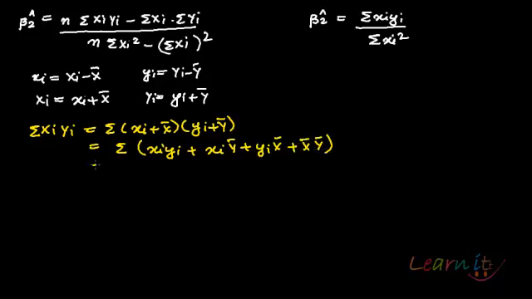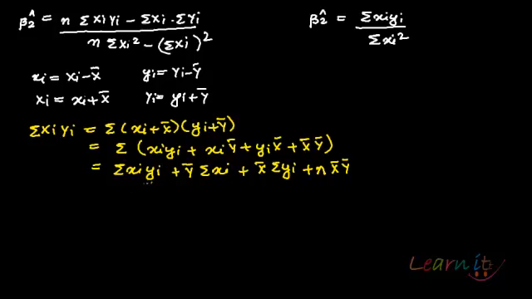Clear? Fine. Simplifying it, summation of xiyi plus Y bar is a constant, will come outside into summation xi, plus X bar being a constant will come outside into summation yi, plus n into X bar Y bar.